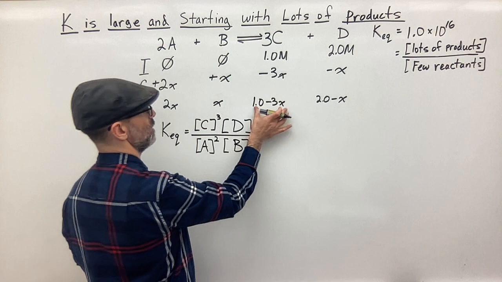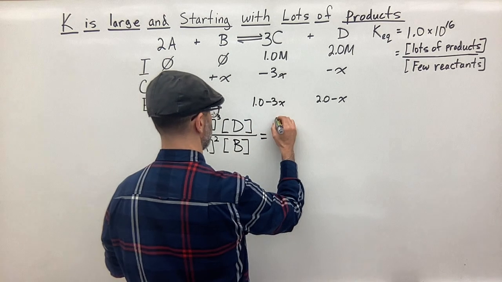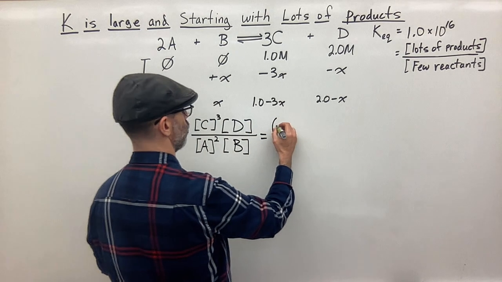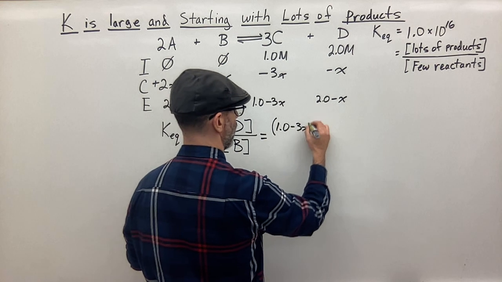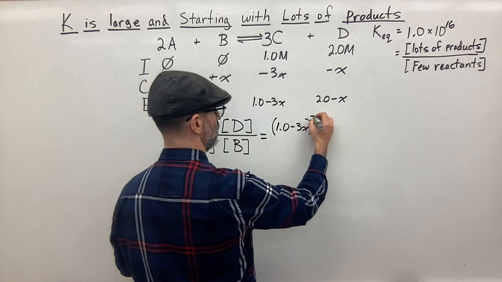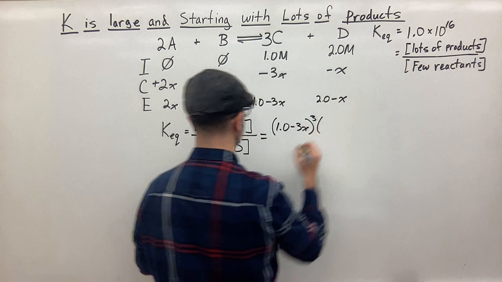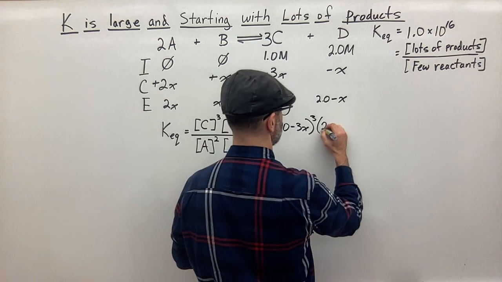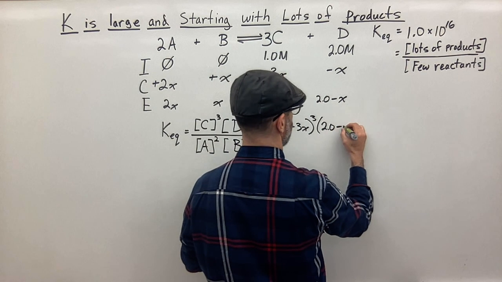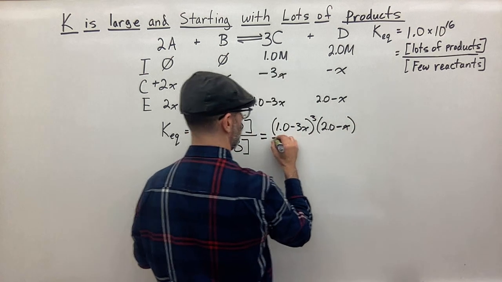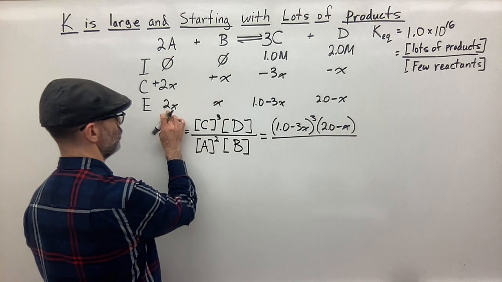So C is going to be on top. So that's going to be 1.0 minus 3x cubed, multiplied by D, which is 2.0 minus x. And then we have 2x here.